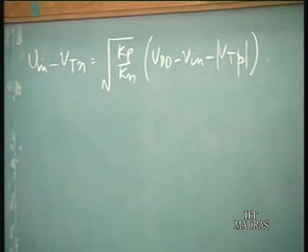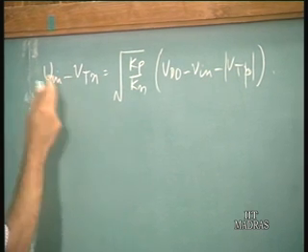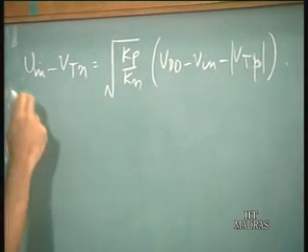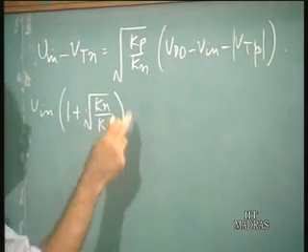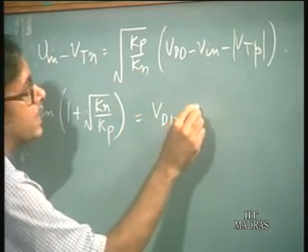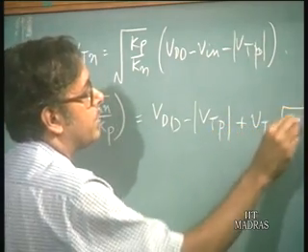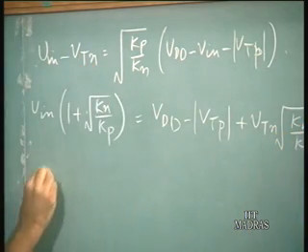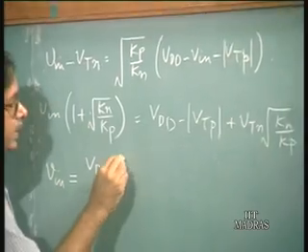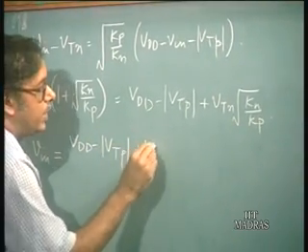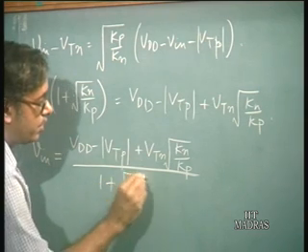Now, if we multiply this side with root Kn by Kp and bring it this way, Vin into 1 plus root of Kn by Kp is equal to VDD minus VTP plus Vtn into root Kn by Kp. So, Vin, which is actually equal to the logic threshold, is equal to VDD minus VTP plus Vtn into root Kn by Kp, divided by 1 plus root of Kn by Kp.